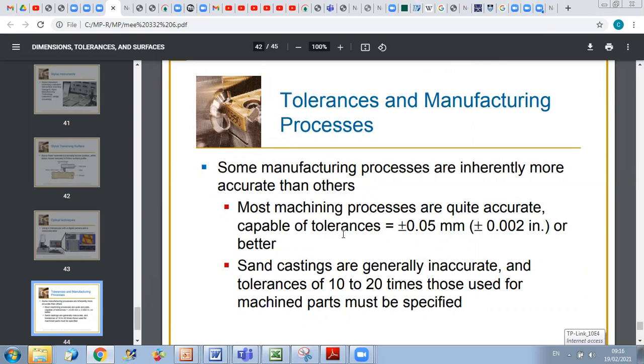In general, sand casting is less accurate than machining processes, and it can have tolerances of 10 to 20 times more than machined parts. But of course, when doing any manufacturing process, we should know beforehand the tolerance of the process, and depending on our final desired product, we can determine if it's acceptable for us or not.